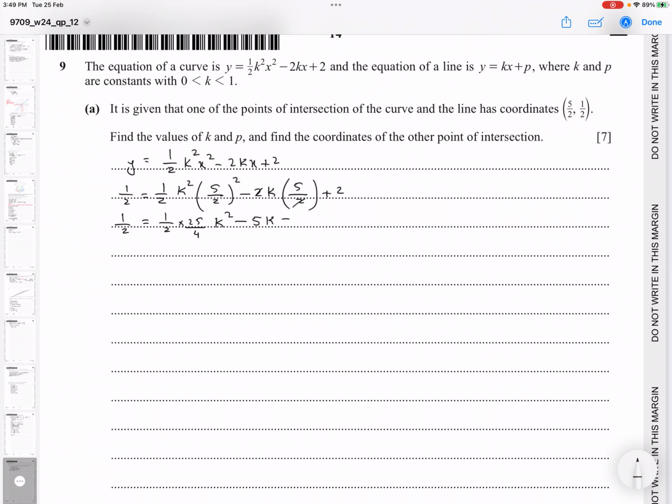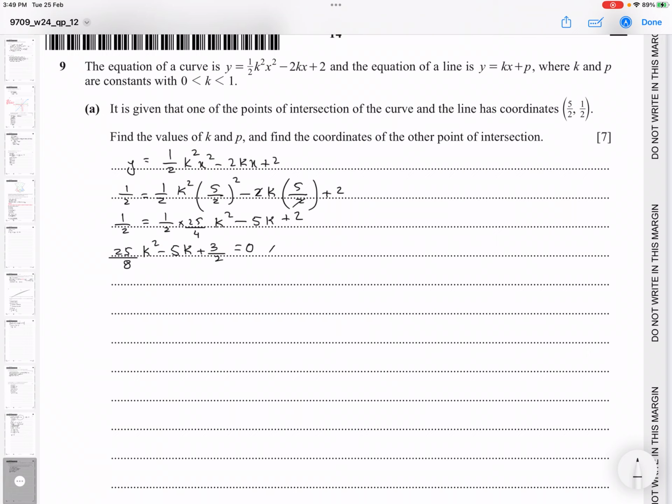So after simplification, I can get 25 over 8 k squared minus 5k plus 3 by 2 equals 0.